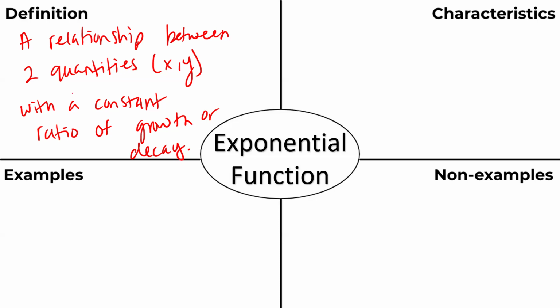So a constant ratio means that there is going to be something that is constantly being multiplied or divided. Make sense? So to get from one output to the next over equal intervals, I'm either multiplying or dividing repeatedly.